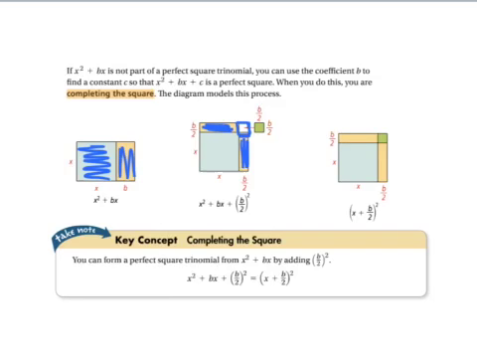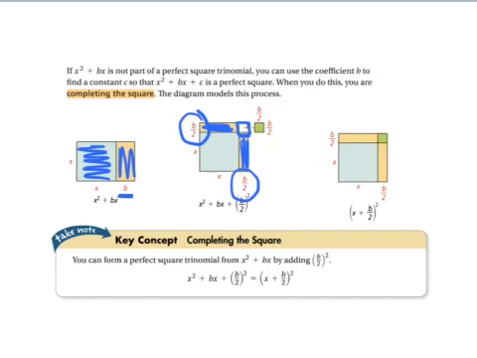So we would find the value of that square. As it's showing you, b over 2 and b over 2 are the lengths of both sides of the square, because from the beginning we took b and split it in half to put it on the top and on the side of our square.